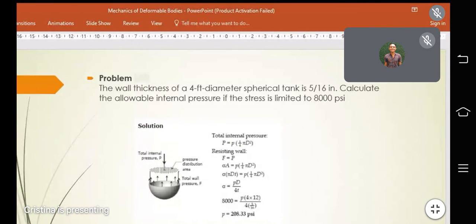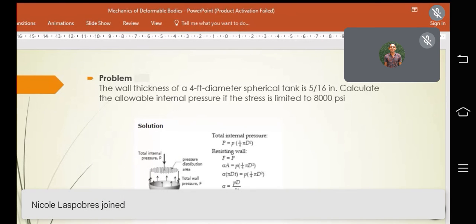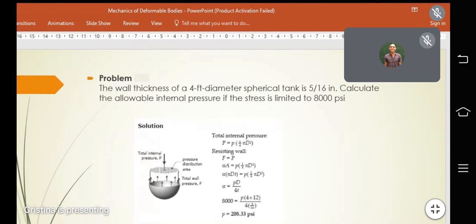Okay, so we are going to derive the formula again. We have PD over 4t, and 8,000 as the allowable or limited stress here, then the P, and 4 times 12 for the diameter.